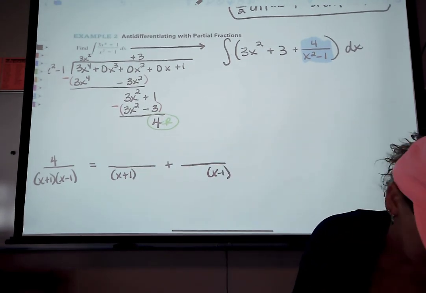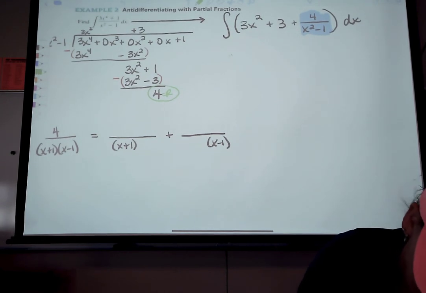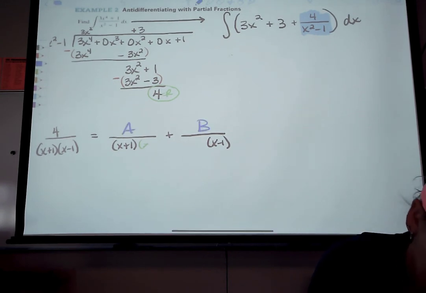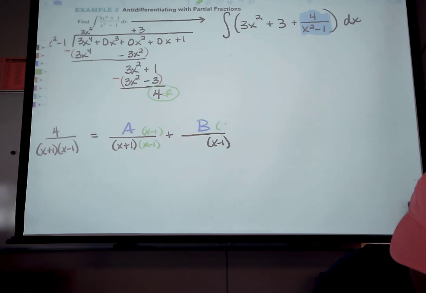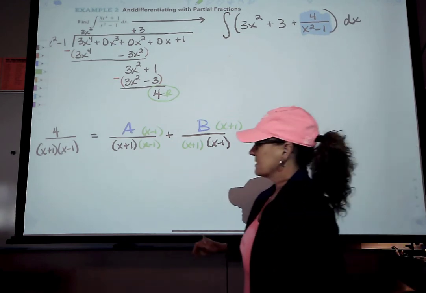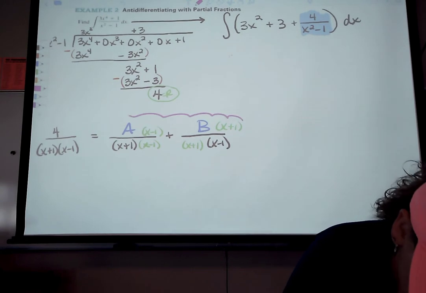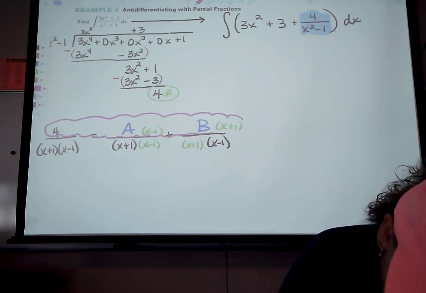So this one is going to need an x minus 1. A, B, my bad. This one is going to need an x plus 1. And then since all three denominators are the same, you are going to focus just on the numerators.